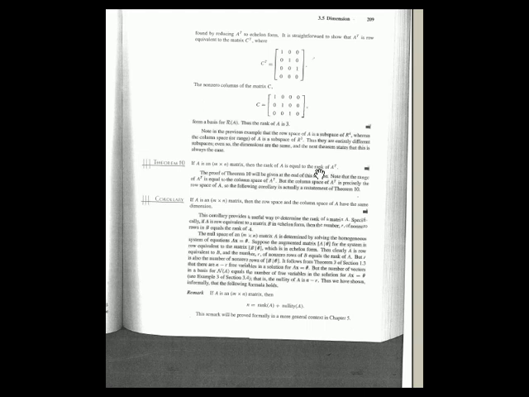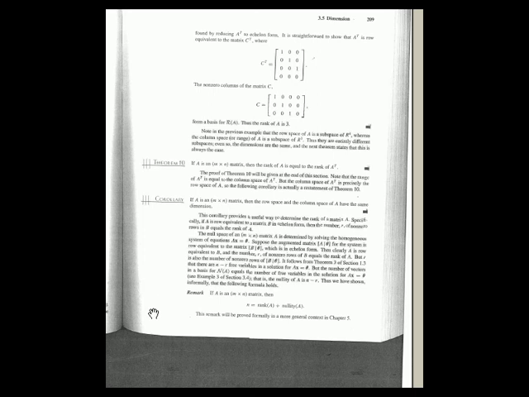The columns are m-dimensional vectors, whereas the rows are n-dimensional vectors, and yet the dimension of the space spanned by the columns is always equal to the dimension of the space spanned by the rows. Very surprising result. Since the space spanned by the columns is the range, that means the row rank of A is the same as the dimension of the range.